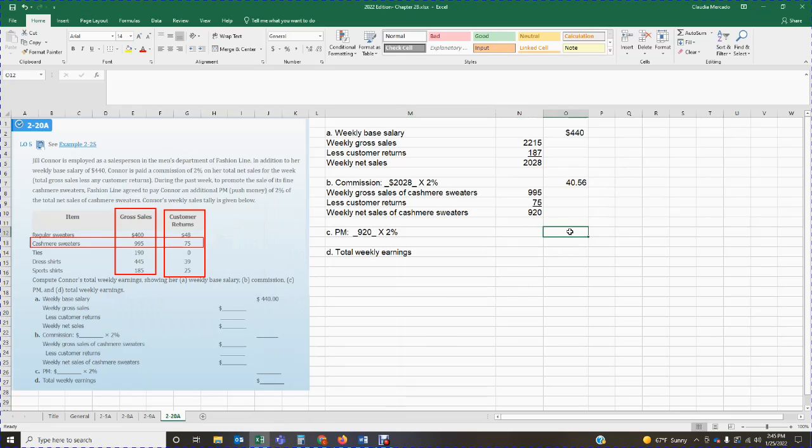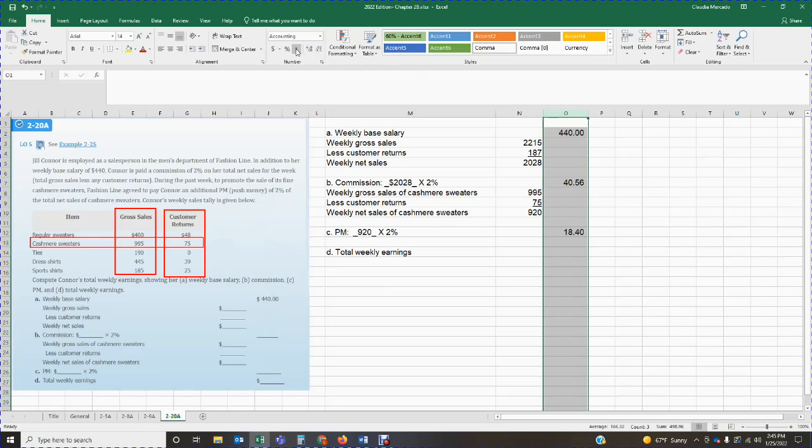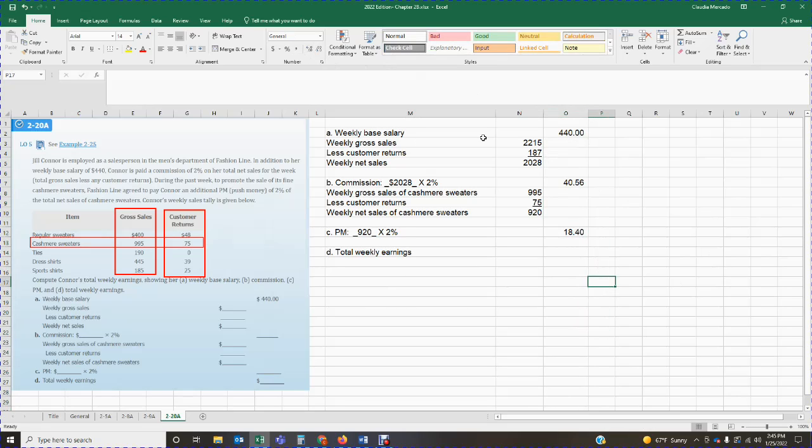I'm going to put that in that second column because this column is keeping track of all of my salary or commission totals, okay? So, now I've got my weekly base salary. I calculated my total commission on my total sales of $40.56. And I've calculated my commission on the push money for the cashmere sweaters of $18.40. Now I can get my total weekly earnings, okay?